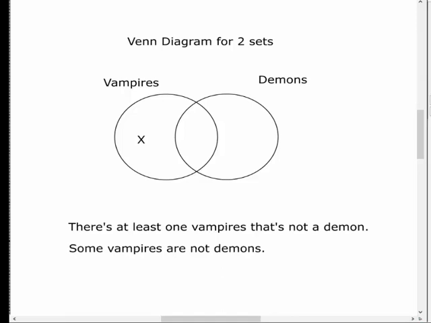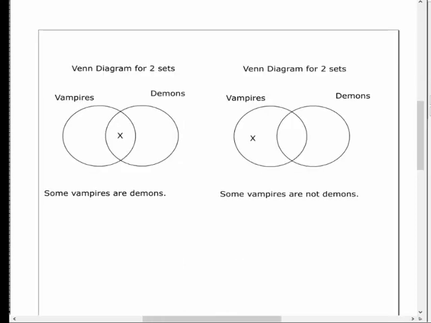I want to point out another confusion now, the confusion between the O statement and the I statement. Sometimes people interpret them in the same way, but they aren't the same. What I mean is, if I tell you that some vampires are demons, you might conclude based on my statement that some are and some aren't. However, strictly speaking, I did not say that any were not. Maybe I just know that at least one vampire is a demon, and it's possible that they all are.